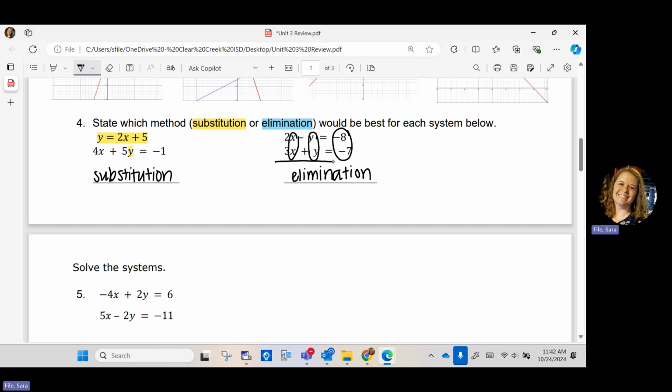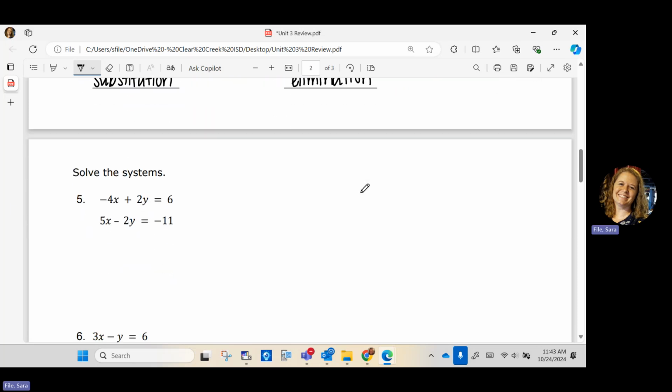Because this is where we go to add the two equations and see how we have negative y and positive y, and they end up eliminating. And you eliminate one of your variables and then finish solving for what's left. So you should know what the setup is, which method is easier for that problem.